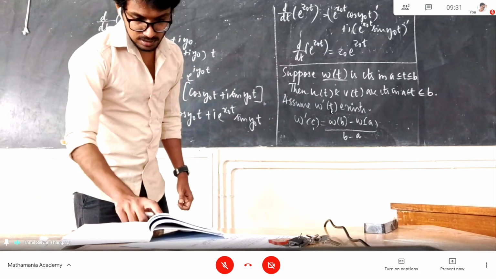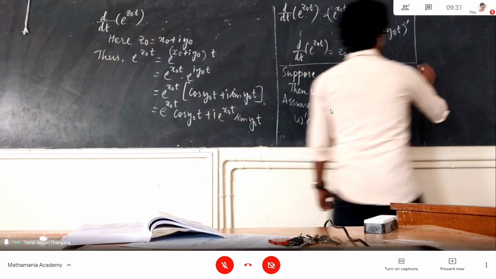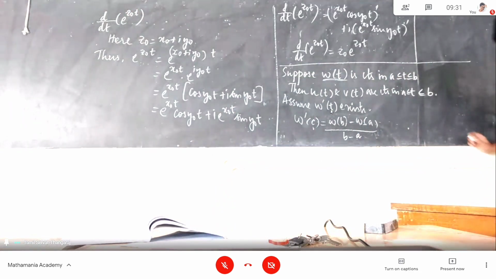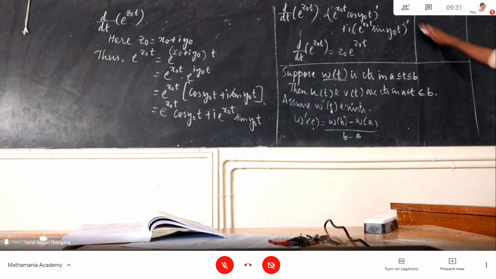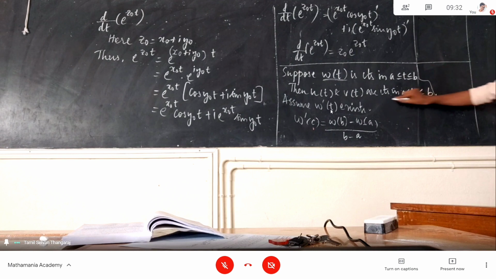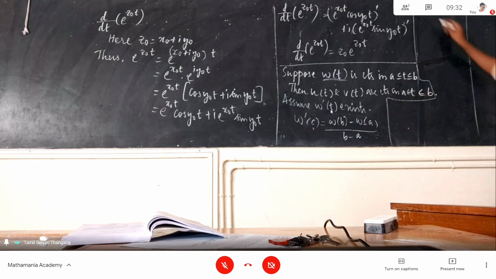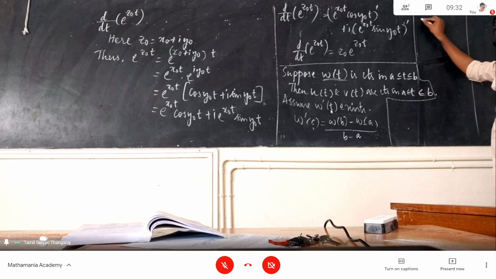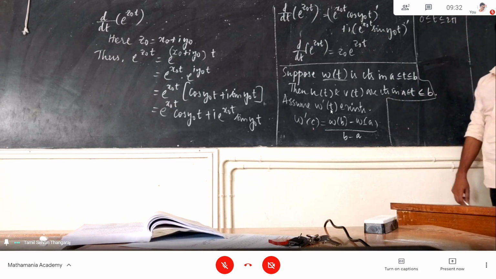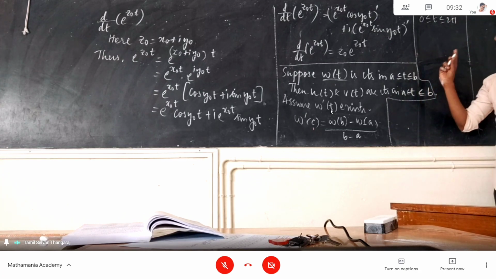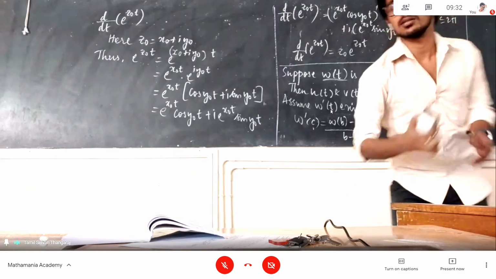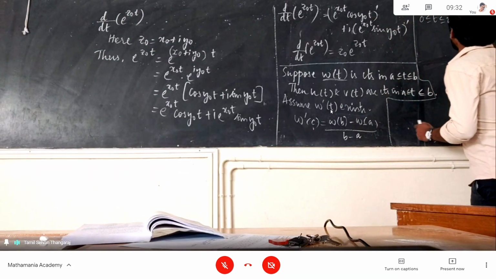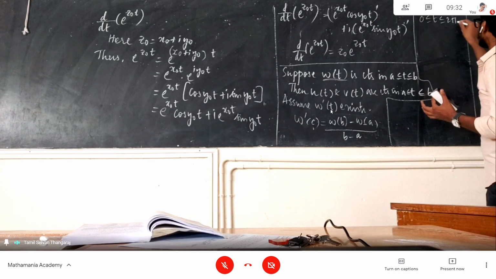The function that I am going to consider is e to the power iota t, in the interval 0 less than or equal to t less than or equal to 2 pi.